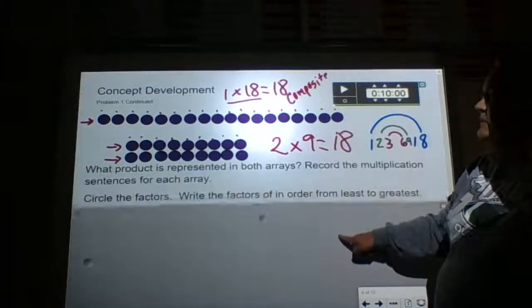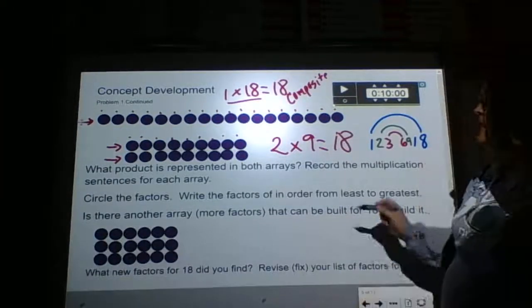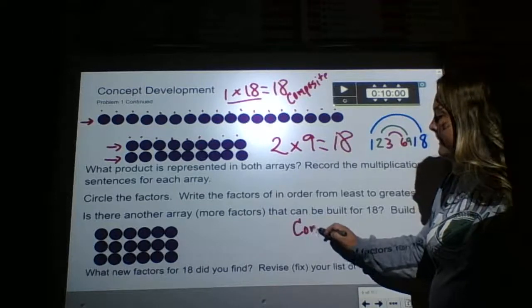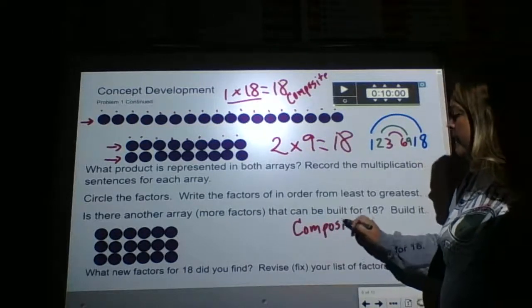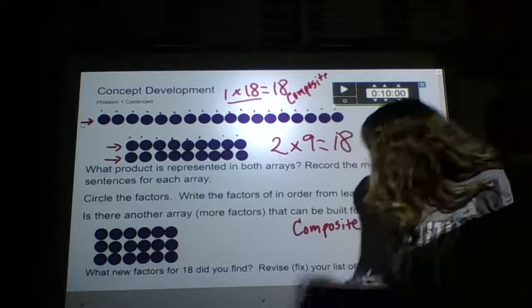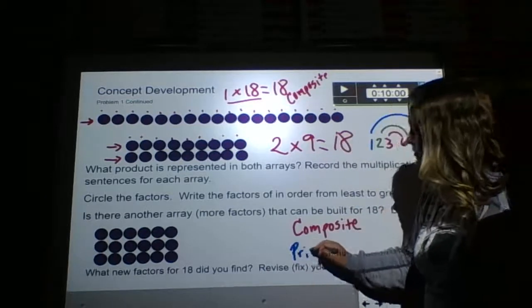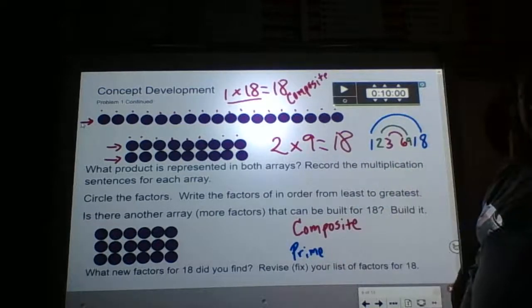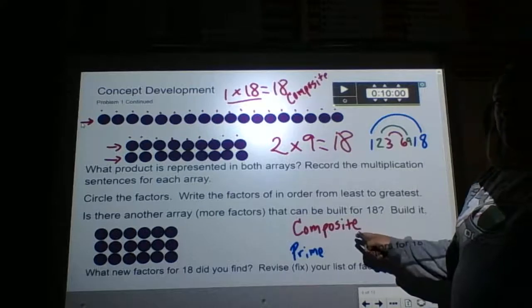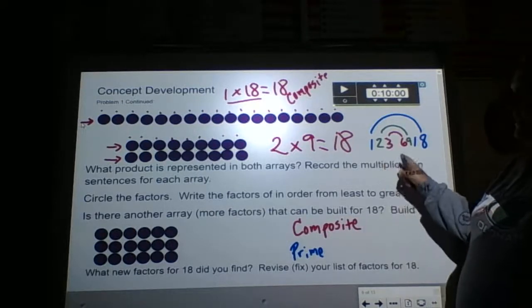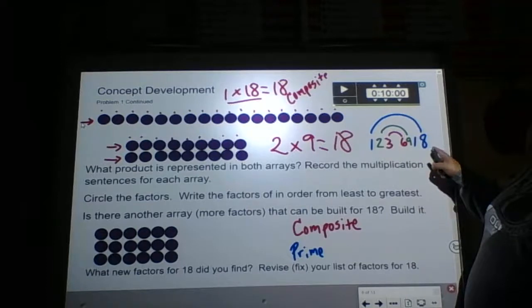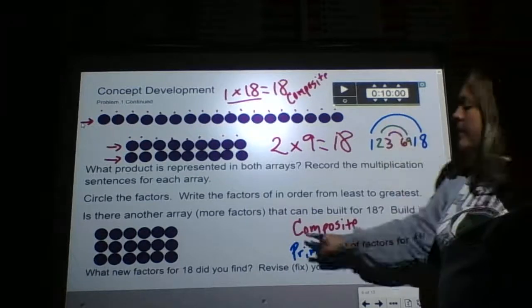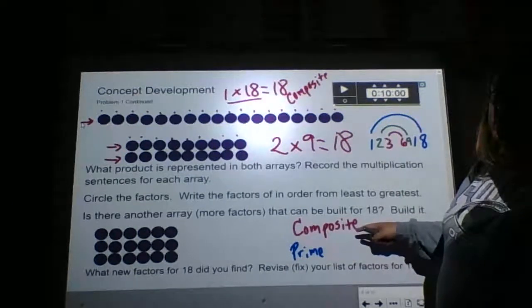A good way to tell the difference between composite and prime is look at this, composite. And let's write prime under it. So I'm going to write prime. Which one is the longer word? Composite is the longer word. So that means it has more than just 2 factors. See all these factors? See all my arches? More composite, right? More than 2 factors.